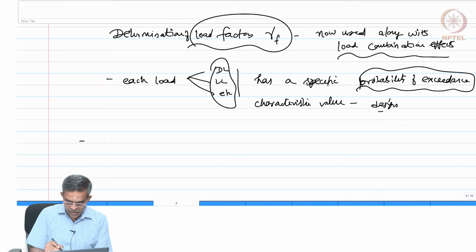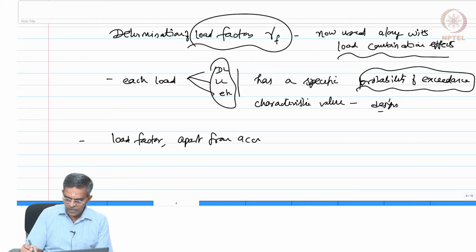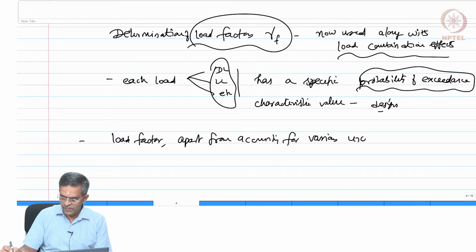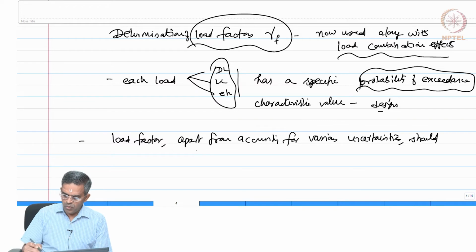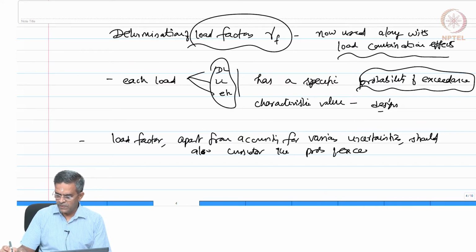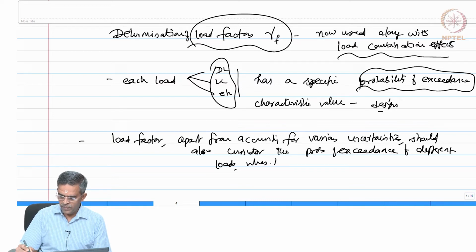So, I should now say that the load factor, apart from accounting for various uncertainties, should also consider the probability of exceedance of different loads when they are combined.